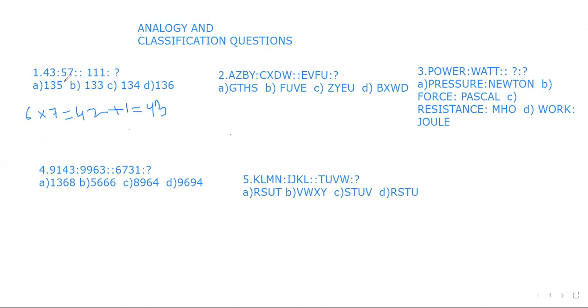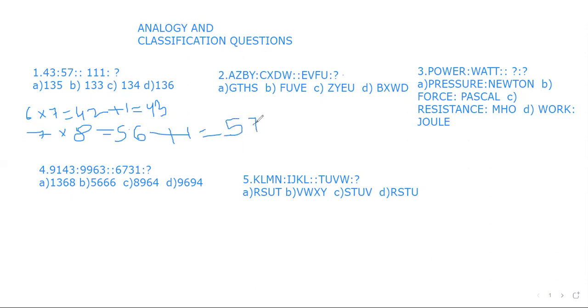Let's say, what is 57? If I use the same logic here, the same logic should be applied here also. 7 into 8 equals 56, and if I add 1 to 56, I'm getting 57.